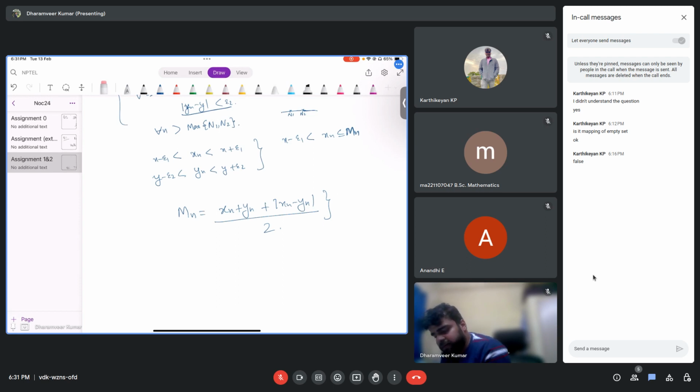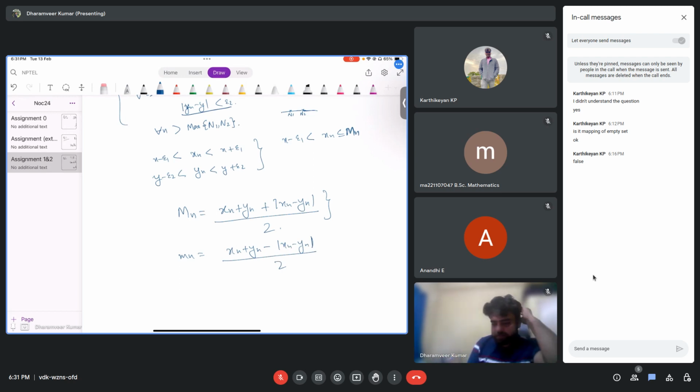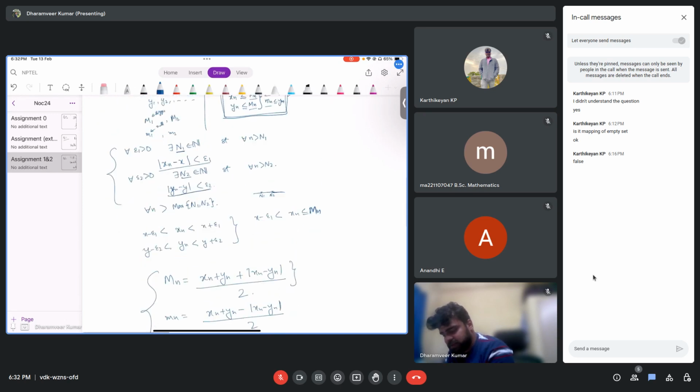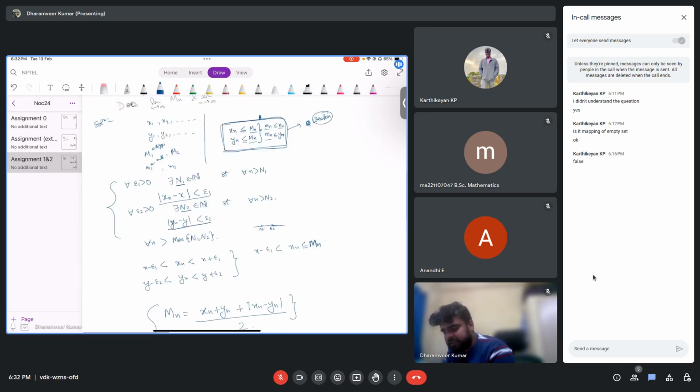So whichever is bigger, it's giving us that. For the other side, the smaller one, same thing: it will cancel the one and give you the minimum. So let's say xn is bigger, it's minus xn plus yn, so it's giving yn. This is more concrete, much stronger than this. This is giving an equality rather than an inequality.